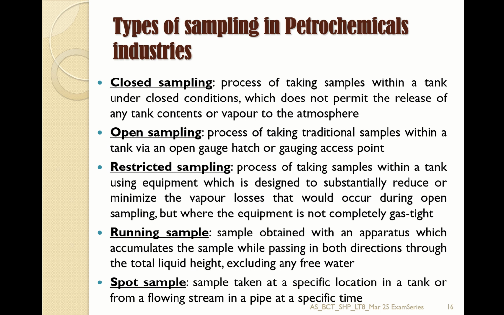You can take the sample, but when you take it, the vapor is minimized from being exposed to the atmosphere. That means it won't be lost to the atmosphere. For example, like open sampling, you open the hatch, a lot of the product may evaporate off.